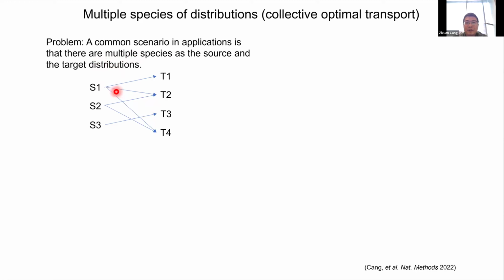Due to this multi-compatibility between ligand and receptors. For example, this is an example with 3 ligands and 4 receptor species. One ligand can interact with several receptor species, and the same receptor could take different species of ligands.